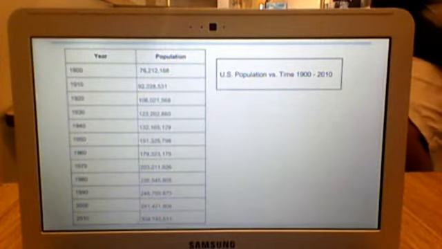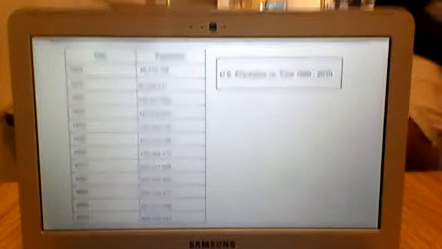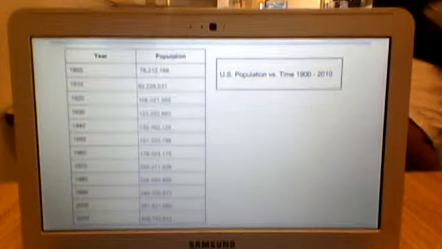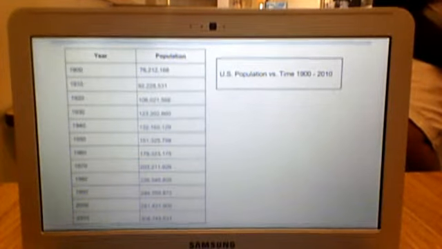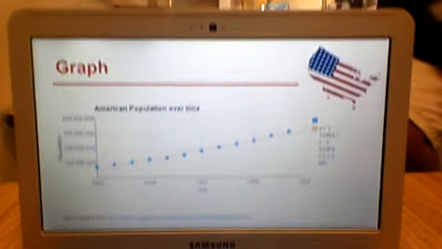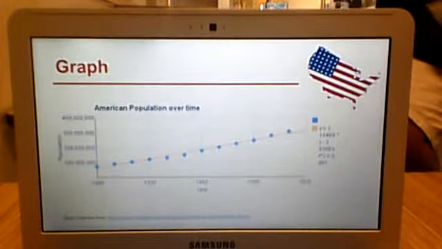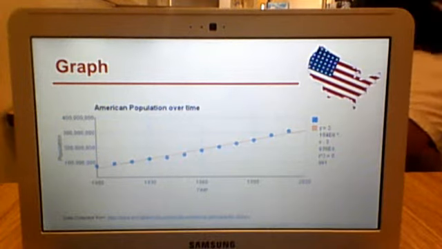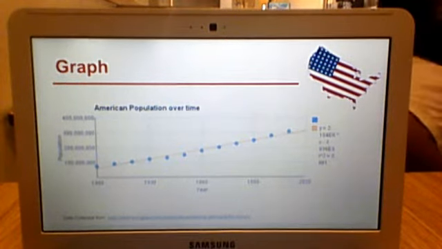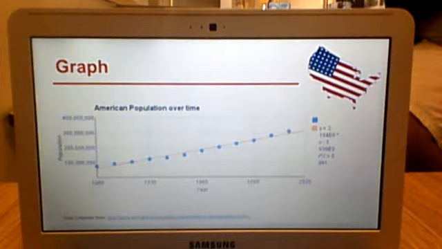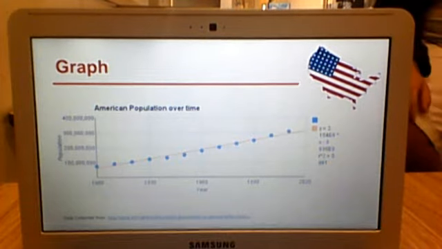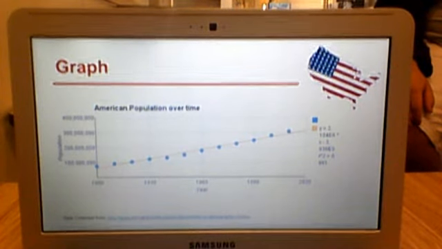This shows my data of US population over time from 1900 to 2010. And here's my graph. The orange line represents the predicted values, and the blue dots represent the scatter plot, which is the actual amount.